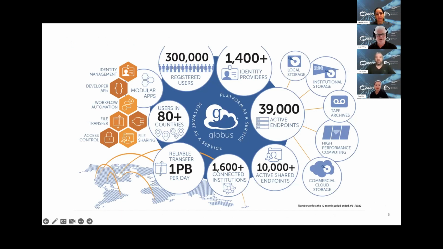As you can see from this infographic, there are 300,000 registered users across 80 countries at the moment, with 39,000 endpoints. Those endpoints can be configured for different storage options. So you'll see to the right of this infographic there are a number of different types of storage that Globus can be configured to connect.